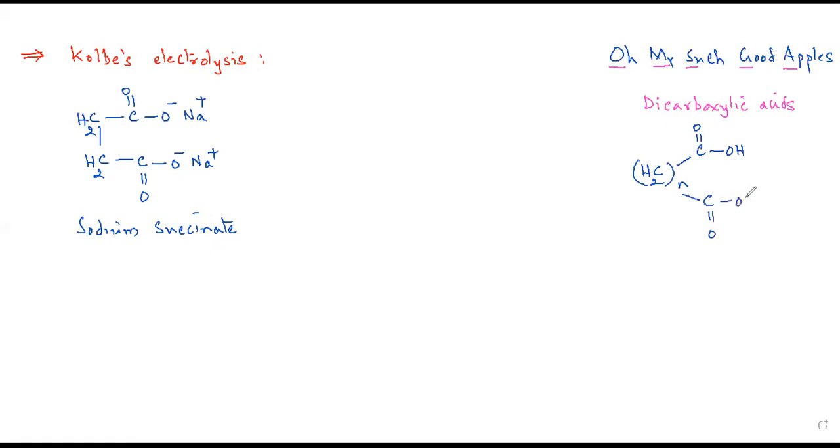See, this is a dicarboxylic acid. Now if n is equal to 0, that will be ethane dioic acid. The common name is oxalic acid, right?